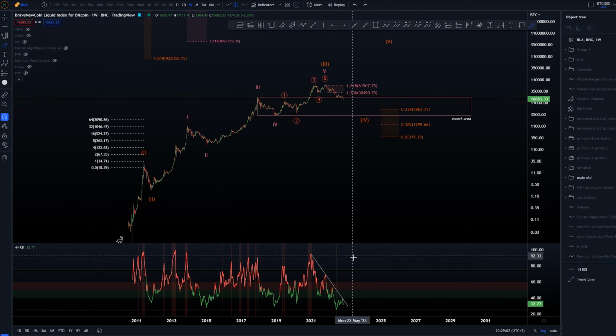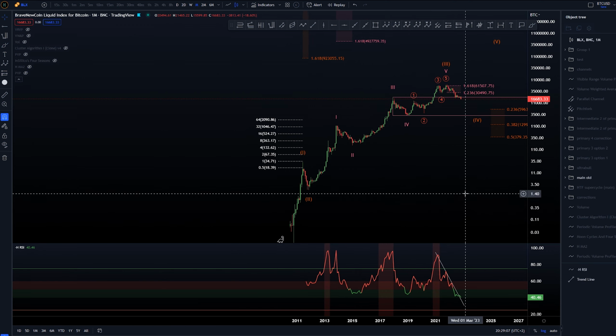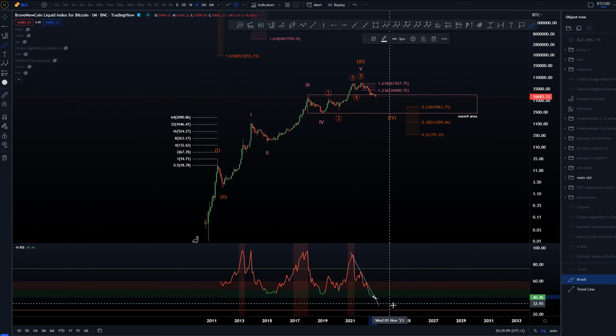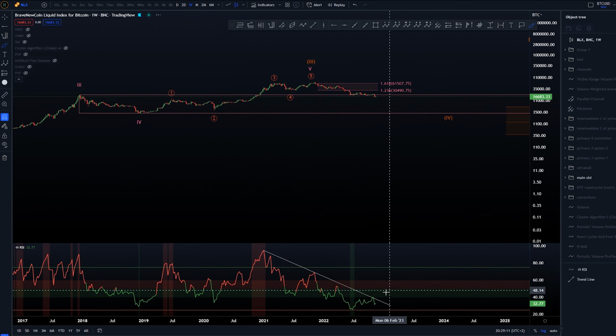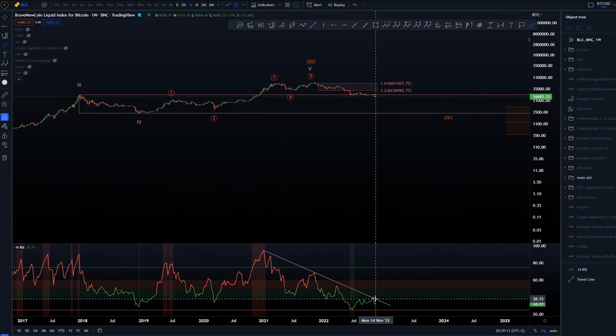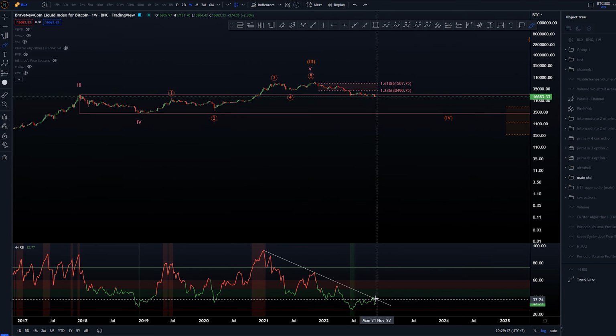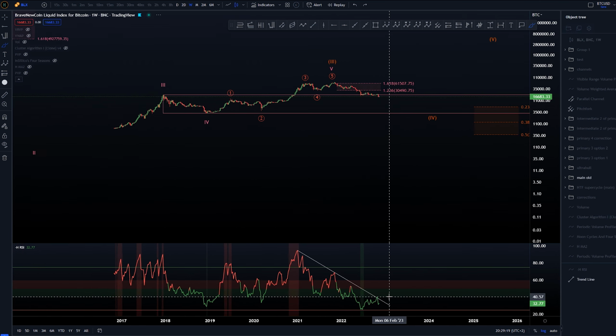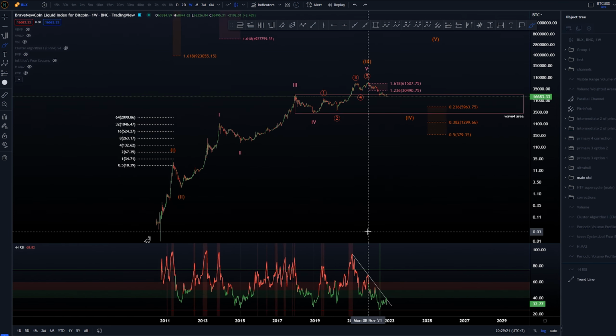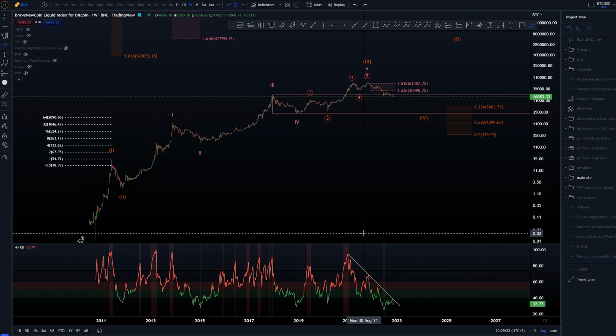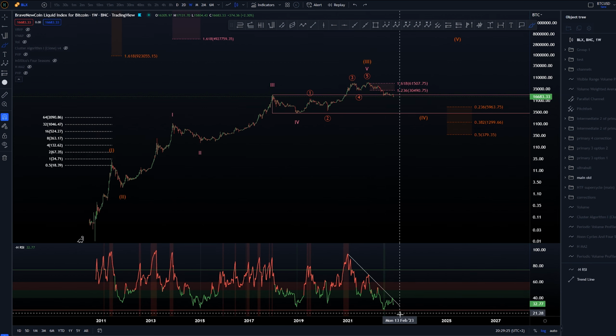This low RSI is something that we haven't had even on monthly time frame before, and we are still going downwards. On weekly, we have touched this trend line a couple of times, or now this would be the third time and rejected off of it, but there is definitely a possibility where we would be just collapsing more.